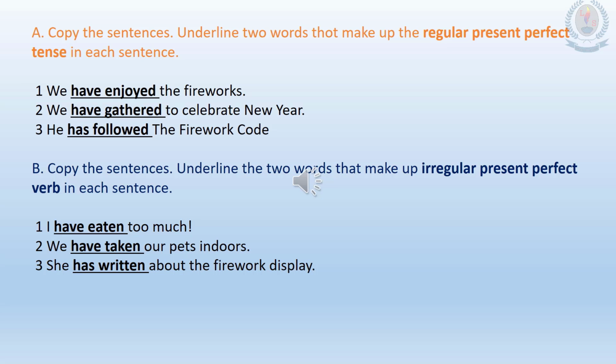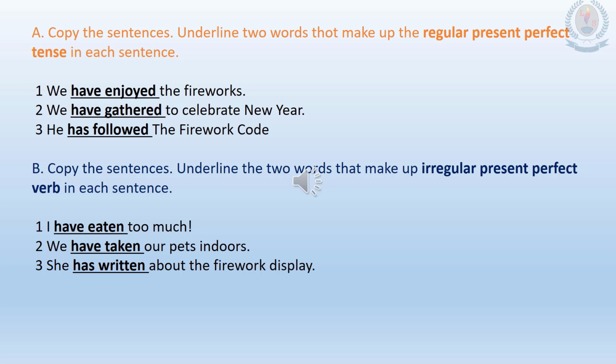So you have to underline have enjoyed. Number 2, we have gathered to celebrate New Year. So you have to underline have gathered. Number 3, he has followed the firework code. So you have to underline has followed.